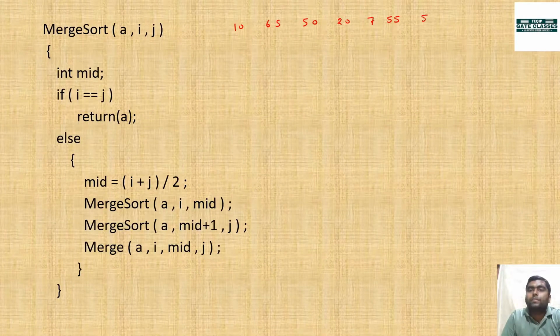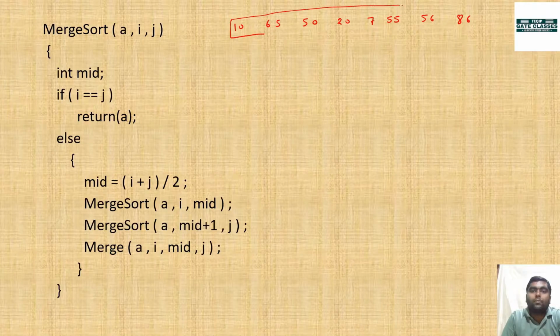Okay, so what are the indexes? Let us first draw it completely. So this is your given array, an array of size 8.